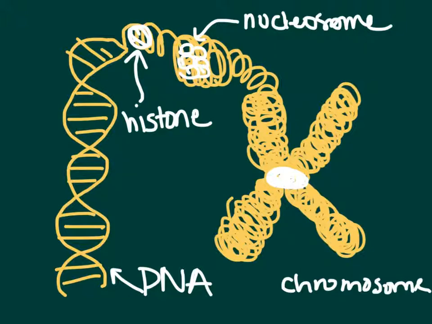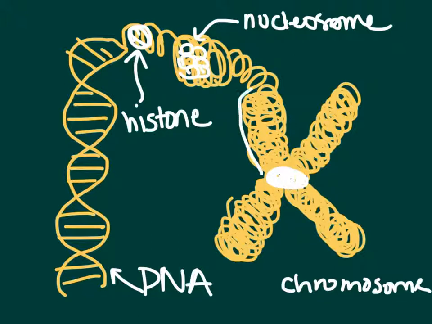So chromosomes are just convenient little packages of DNA meant to make sure that all of the DNA is neatly and tidily all packed up. It's a group of histones. They form like a flower shape. We believe it's actually 8 histones.